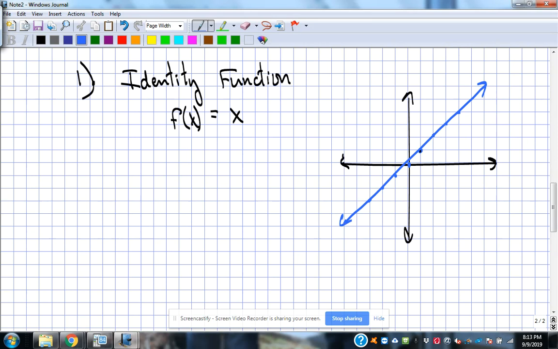That's why they call it identity. So when x is 3, right here, y is 3 as well. The identity function has a domain from negative infinity to positive infinity. That's all real numbers. The range is the same.